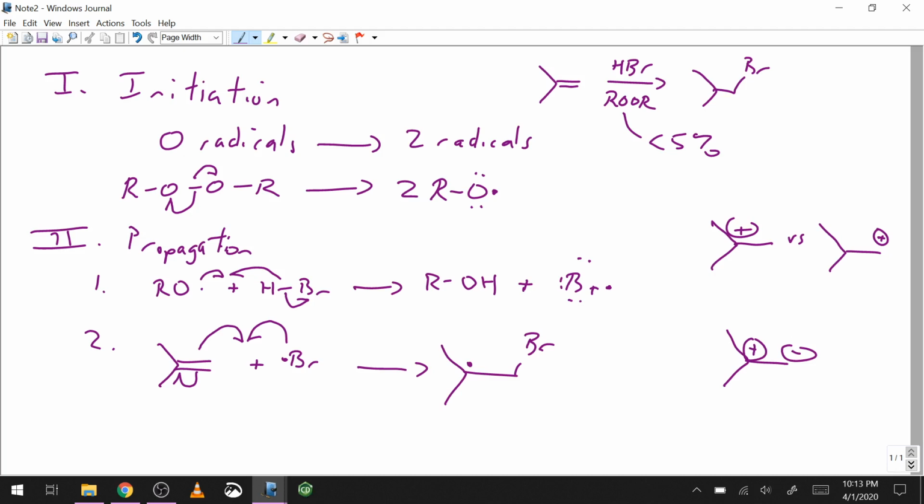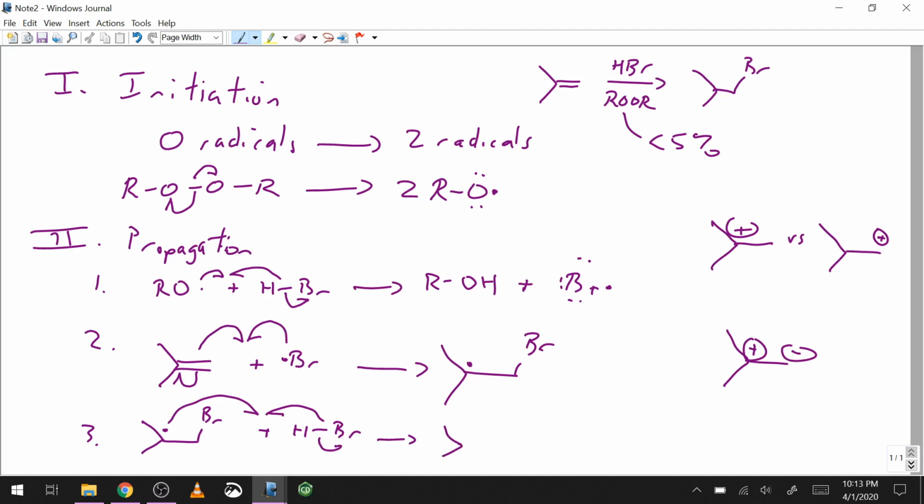Third propagation step, we now have that radical and HBr. So remember, we don't have very much of the initiator around, so we don't really have to consider that at this point. So this and this are doing basically what the initiator did in the first propagation step, taking the hydrogen away from HBr.